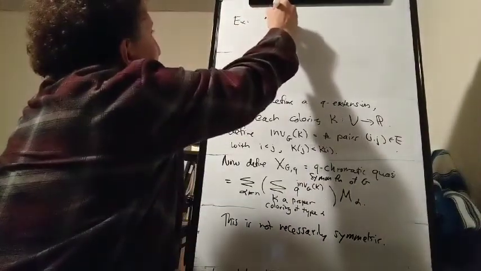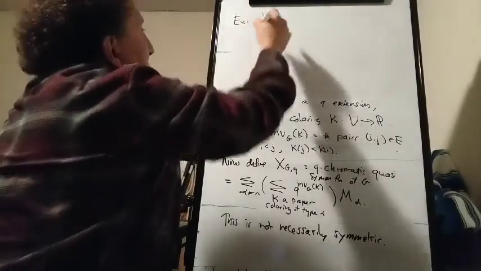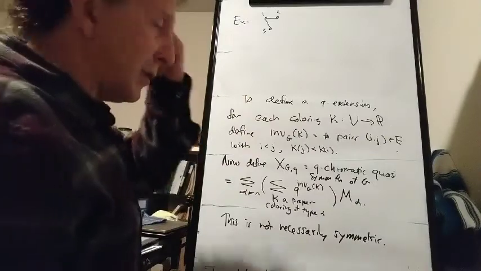Let's look at the graph that has 3 vertices, 1, 2, and 3, with 1 connected to 2 and 3, and 2 and 3 not connected to each other, not adjacent.